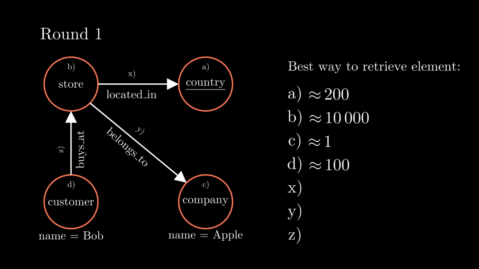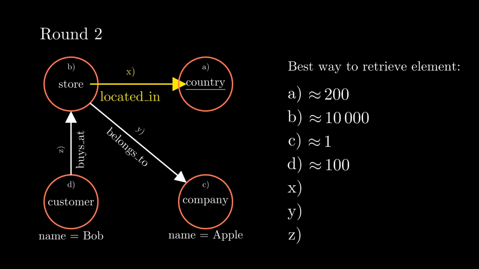We can continue with the edges. And for the edges, we always have 2 directions in which we can traverse them. We can, for example, for the located in edge, look at how many stores we have. There are 10,000, and look at how many outgoing located in edges a store has on average.